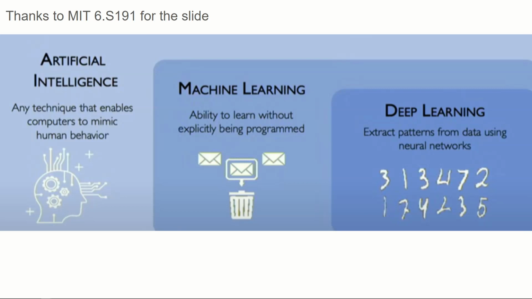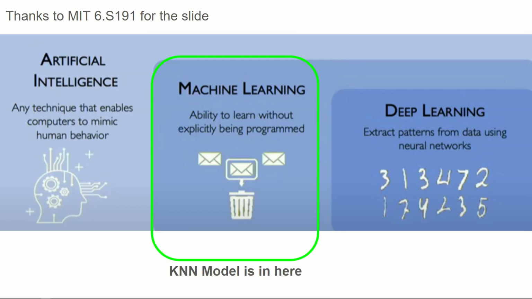Then within that, more recently, machine learning is a specific approach to doing that. So rather than having programmers explicitly give instructions for how to do the things, machine learning involves algorithms where if you give the machine a whole bunch of examples, the machine can teach itself based on those examples to improve. And deep learning is a specific type of machine learning that involves neural networks, and we'll talk about that later.